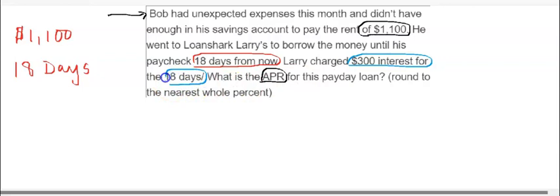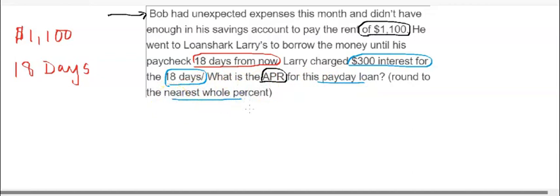So if Larry gives Bob the $1,100 to pay his rent, which is due today, Bob has to pay an additional $300 in interest 18 days later. So the question here is, what is the annual percent rate for this loan? Round your answer to the nearest whole number.